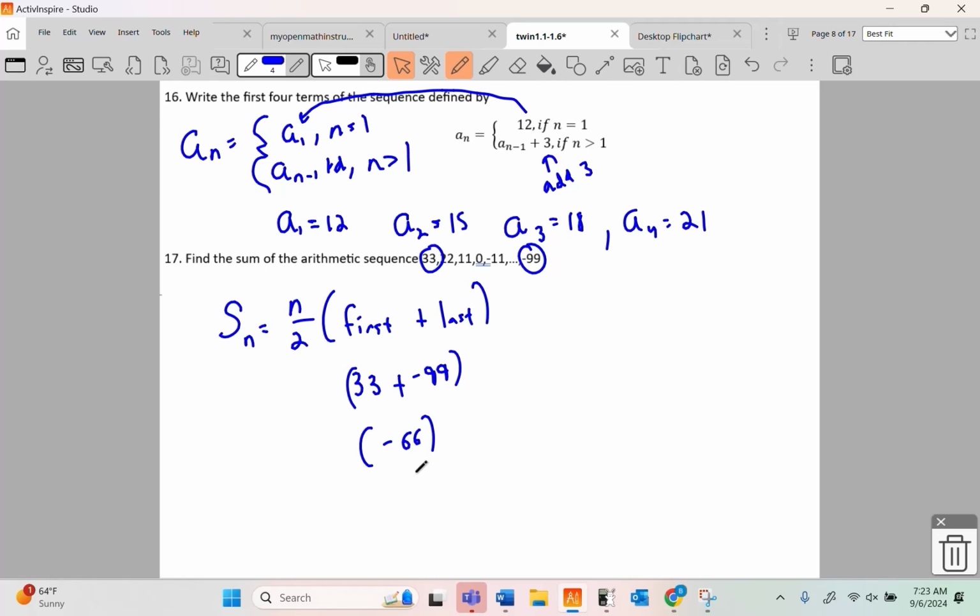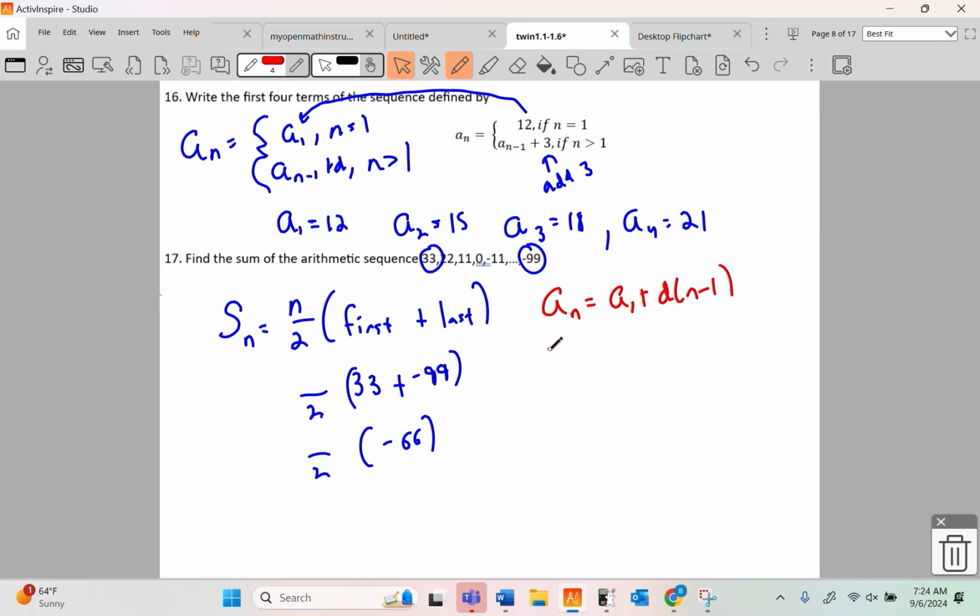You can push buttons if you want. But the real question is, what is n? Like, it doesn't say, and the dot dot dots means we continue. So what is n? There's lots of ways of doing this. And again, I teach formulas, and formulas are quicker for me than they are to write things out. That also happens to be me. But I know that the nth term is the first term plus d times n minus 1.